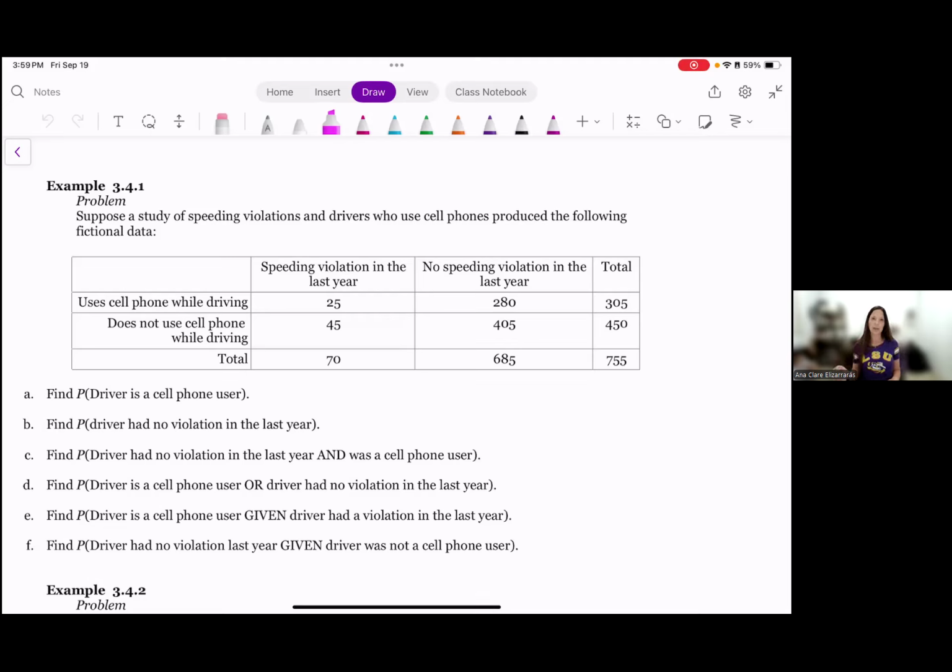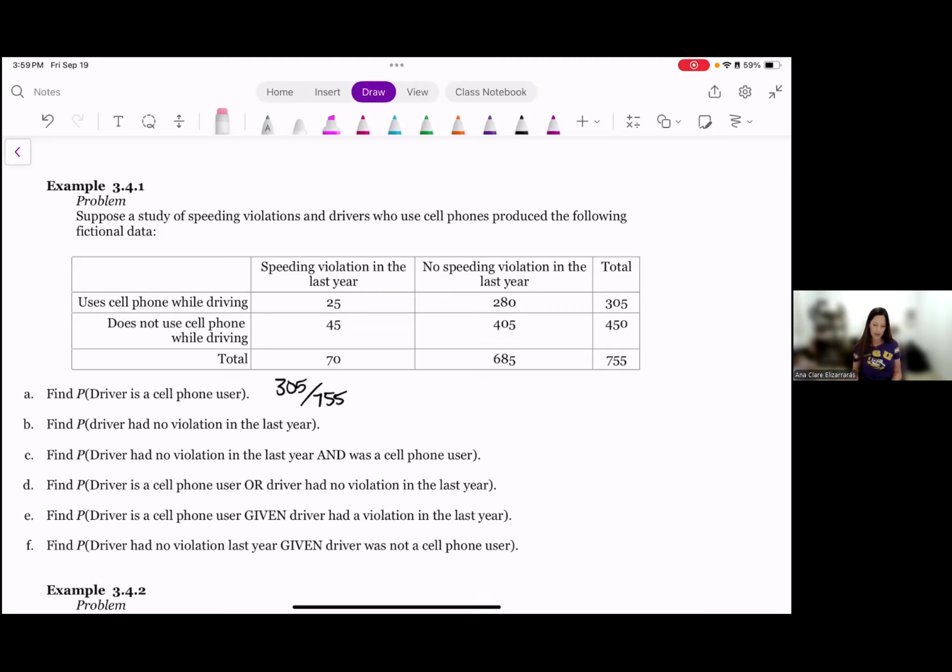So in my chart, I need to find where cell phone users are. So these are users of cell phone, and I'm highlighting the entire row because I am concerned with all of the cell phone users, and that is 305 out of the total 755 individuals. I'm just looking at the overall total.